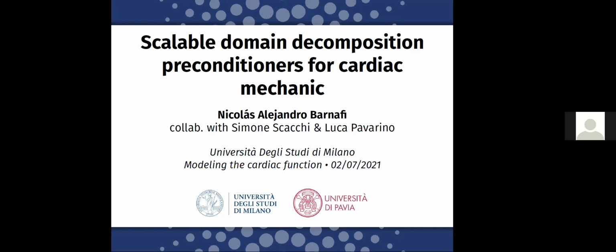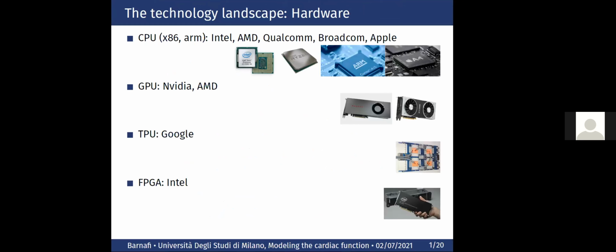I'll be talking about efficient solvers for cardiac mechanics. I'd say the main motivation for this is the rich landscape that we can see in technology, particularly in the last years. I have usually been exposed to doing parallelism for these kinds of problems on clusters running 64-bit Intel processors.